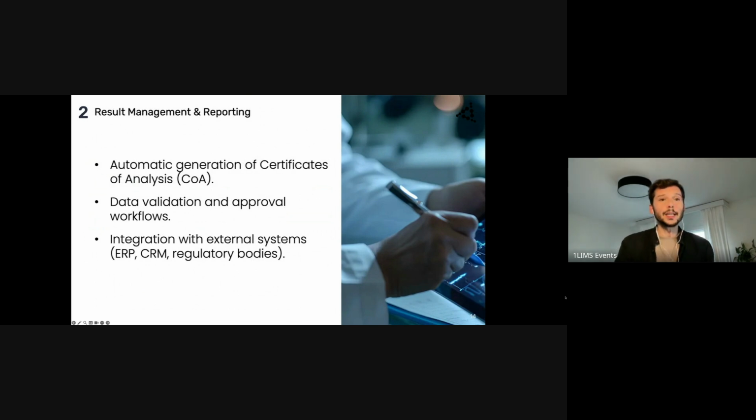Another point is result management and reporting. I already mentioned the automated generation of the COA, also direct data validation and approval for some workflows, four-eyes principles, for instance, also for regulatory laboratories, and seamless integration, which allows end-to-end automation.